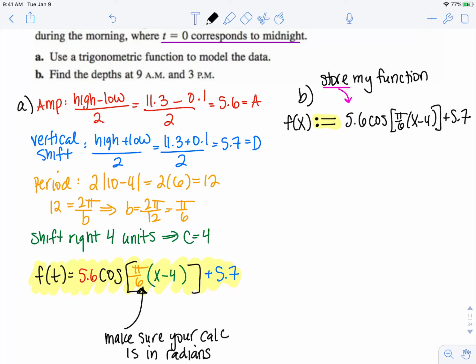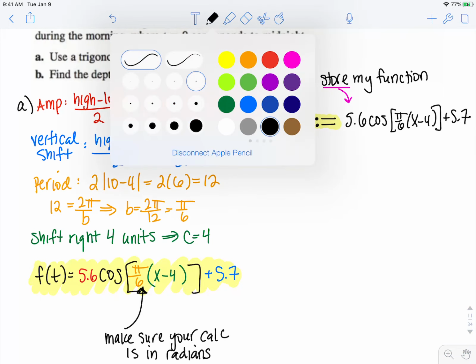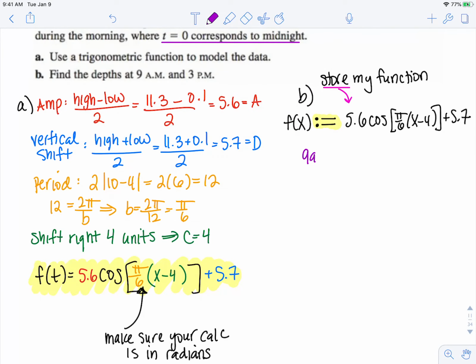So remember, t equals 0 corresponds to midnight. So that means 9 a.m. means that t equals 9. After I've stored my function, now I can just find f of 9, which is approximately 0.850 feet deep at 9 a.m. I'm going to let you use your calculators for this.